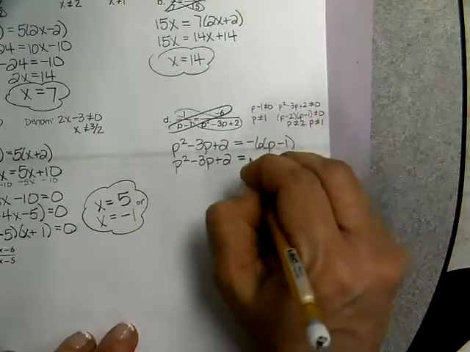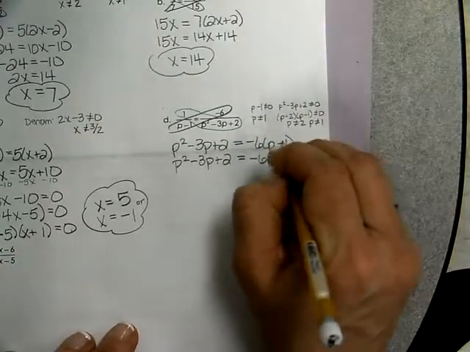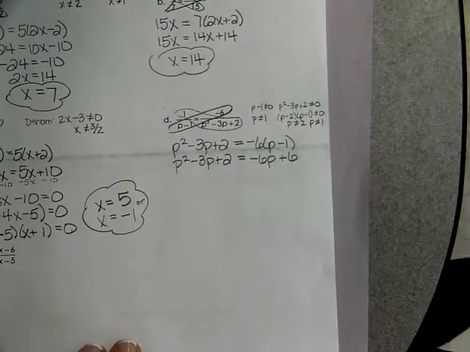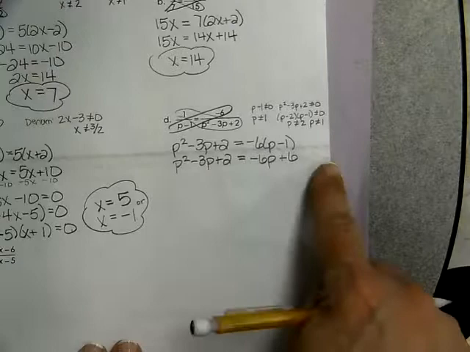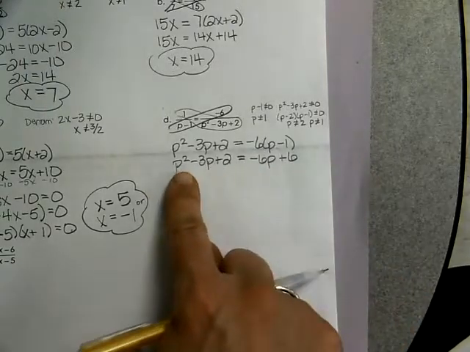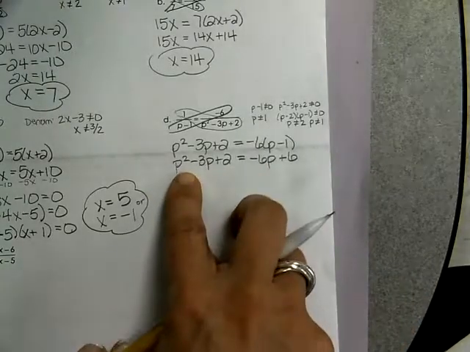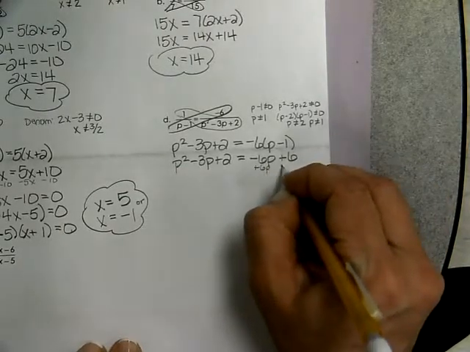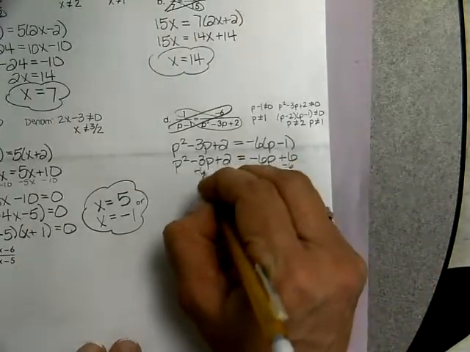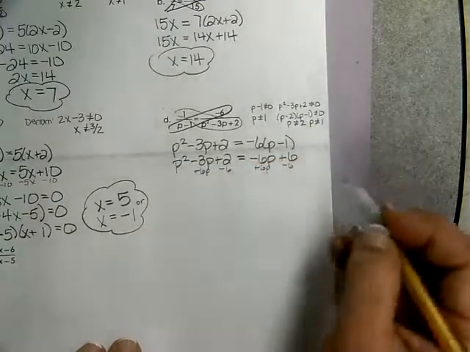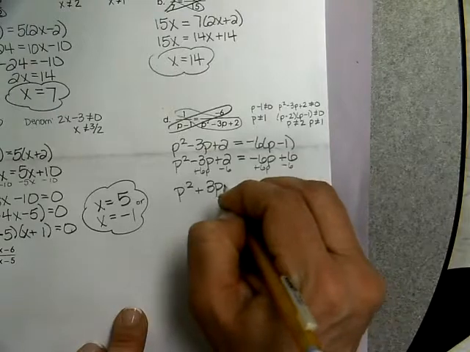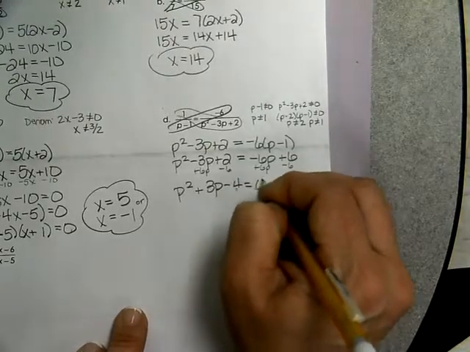Now I'll multiply negative 6 times p and negative 6 times negative 1 to get negative 6p plus 6. And I notice that when I distributed everything, I have a quadratic. So the quadratic, we want one side equal to 0. So I'll have to add 6p and subtract 6. So I have p squared plus 3p minus 4 equals 0.